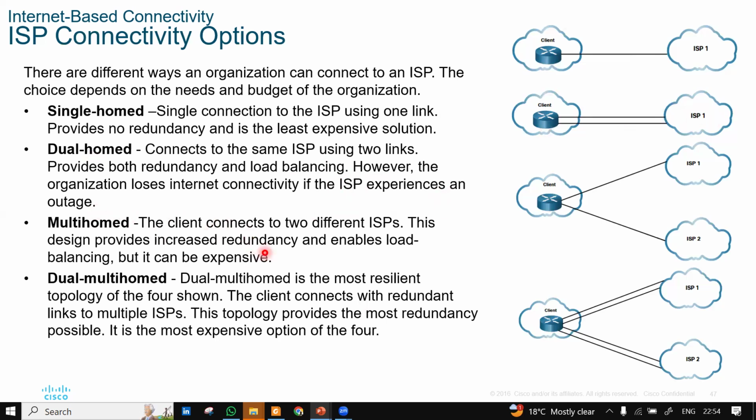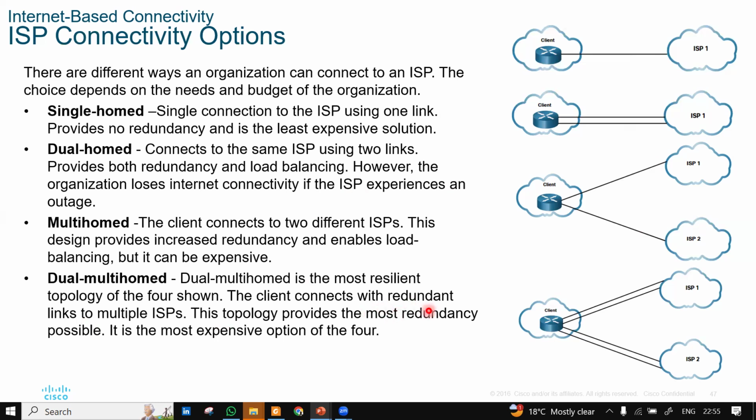Multi-homed: the client connects to two different ISPs. This design provides redundancy and enables load balancing, but it is very expensive. So with this one, you are connected to two different service providers. Basically, that means two different links. So if this goes down, this one is always up. Very expensive, however. With dual multi-homed, this is the most resilient topology of the four shown.